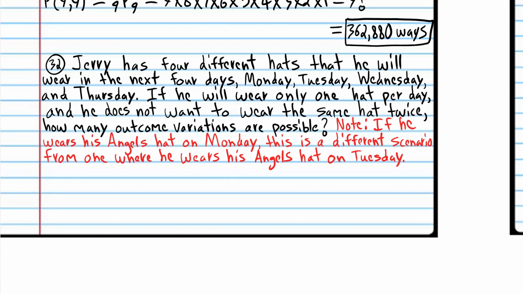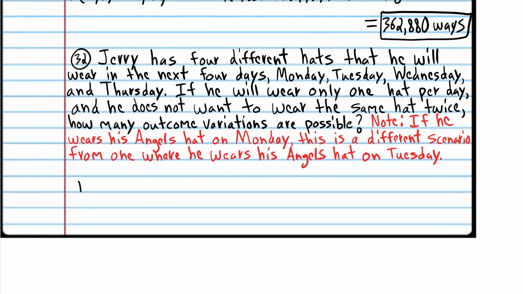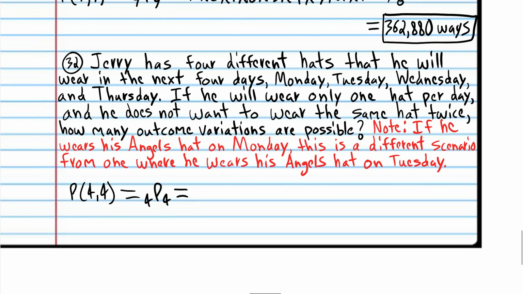So he has 4 different hats to choose from. For the first day, let's say the first day is going to be Monday. So he has 4 different hats, but he's not going to wear the same hat again. You're not allowed repetition.